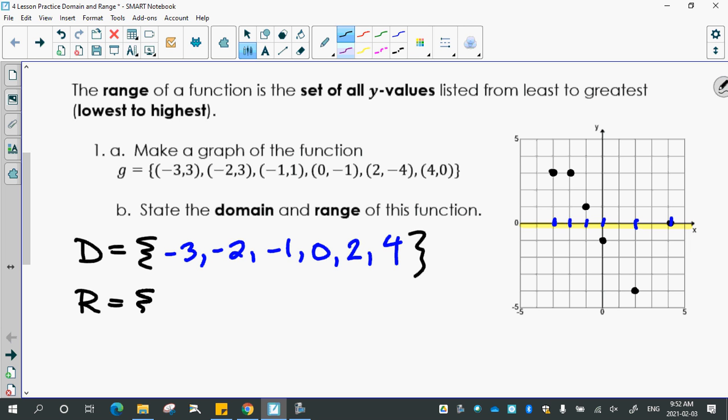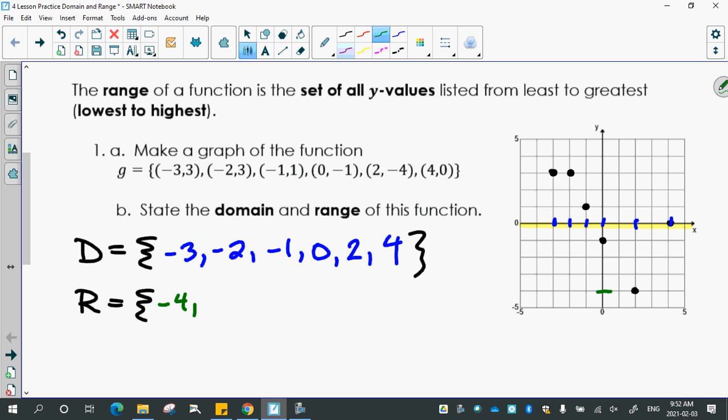My range goes from lowest to highest. So I imagine starting down here at negative infinity and coming up. And the first time I touch the graph is at a y value of negative 4. It's the least y value. Then moving up to negative 3, nothing.